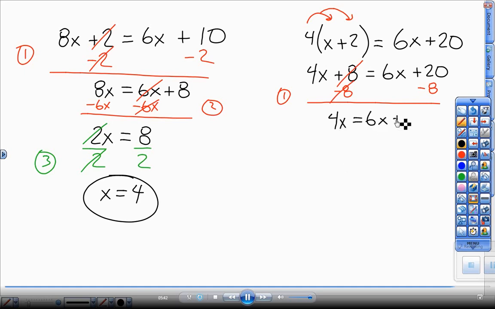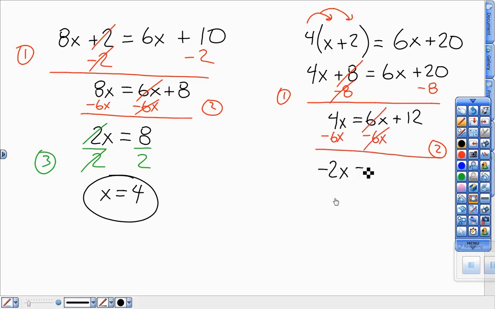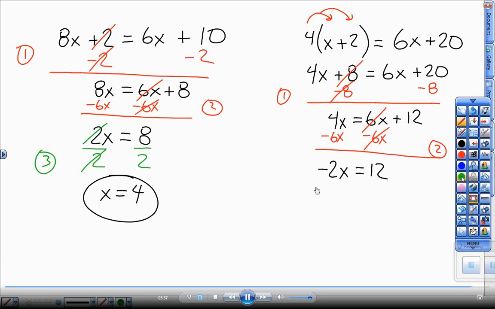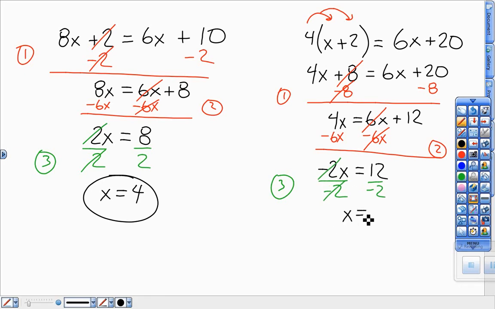This gives me plus 12. Stay on this side, eliminate the 6x, -6x minus 6x. Cancels away, gives me -2x equals 12. And now I could divide both sides by -2, and that gives me x equals -6.